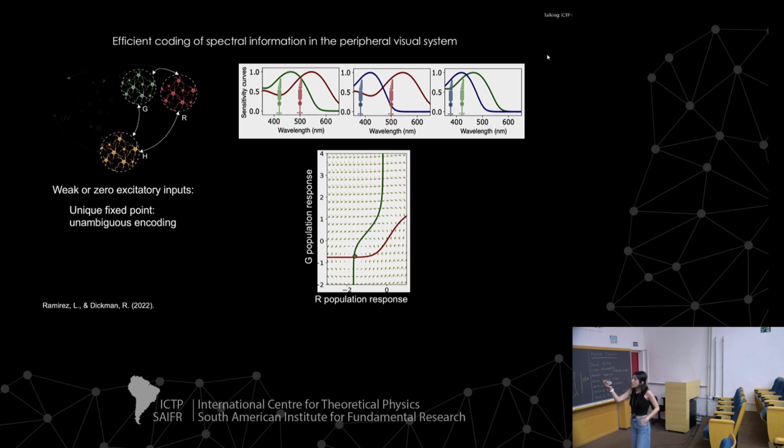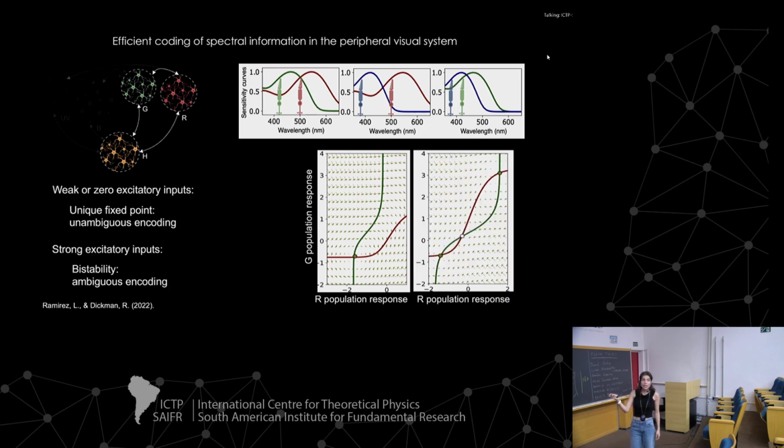So what we saw is that if you have weak or zero excitatory inputs, right? We allow the network to change the weights, so you can have excitatory and inhibitory inputs. And in this regime, we always get a unique fixed point. It means that if you send a specific color, the network is able to tell you, OK, this is red or green or blue.